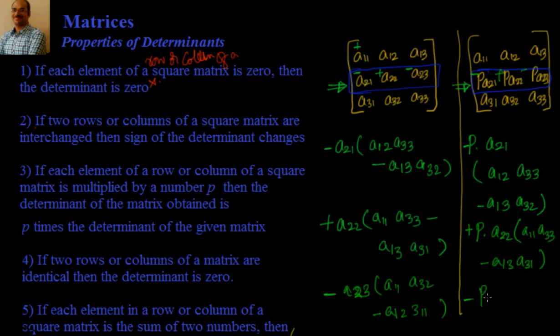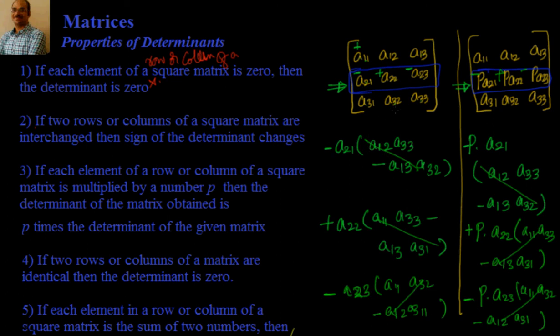Similarly, the next one will be minus p into A23 into A11 A32 minus A12 A31. You can see now these values are the same, the minors remain the same. The cofactor is also the same because the position also remains the same.